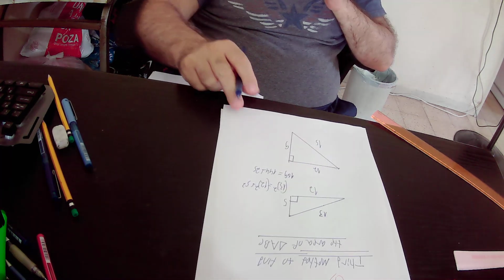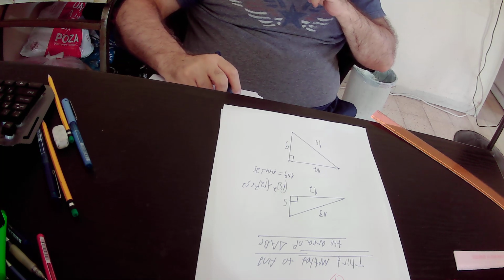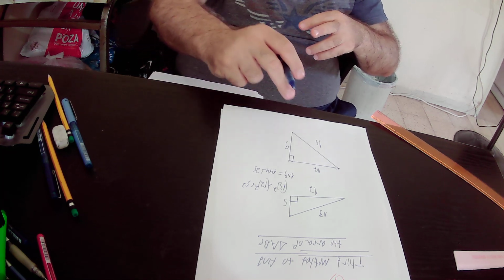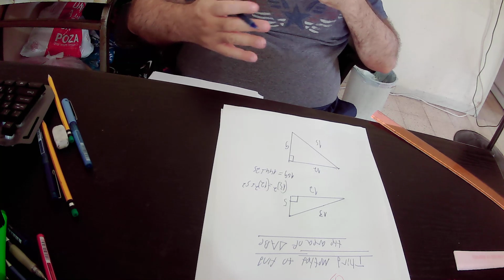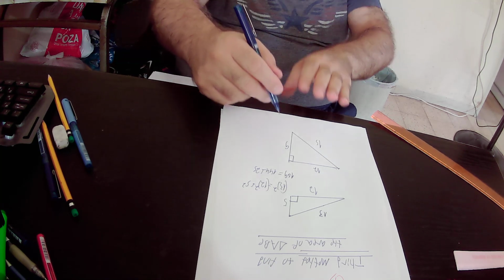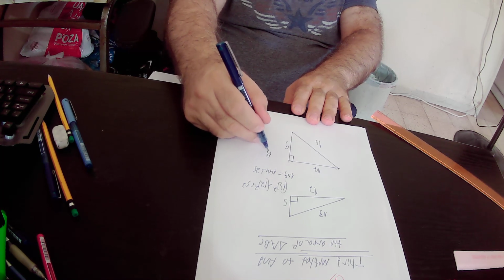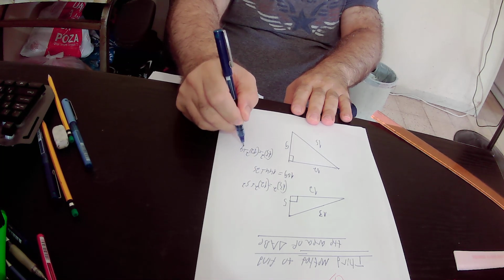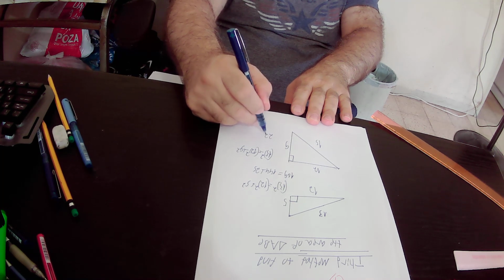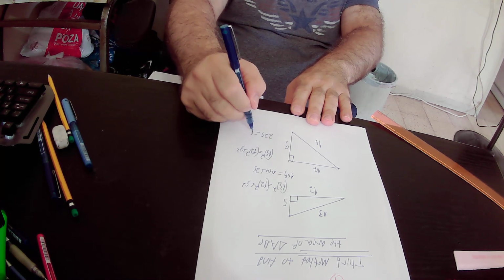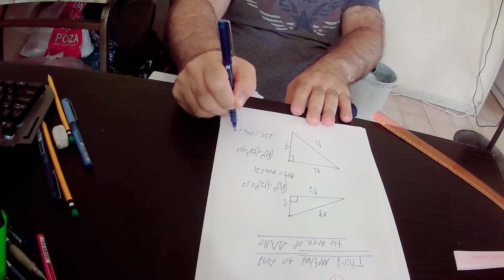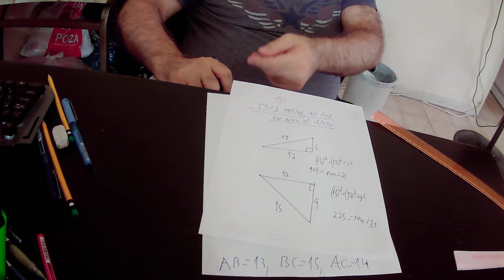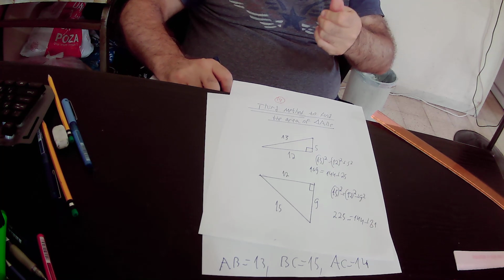So this is the second part of triangle ABC after we divided it into two right triangles, and we will prove that this is a right triangle by proving that it obeys the Pythagorean theorem that states that 15 square equals 12 square plus 9 square. 15 square is 225 equals 12 square is 144 plus 9 square is 81, and indeed 225 equals 144 plus 81.